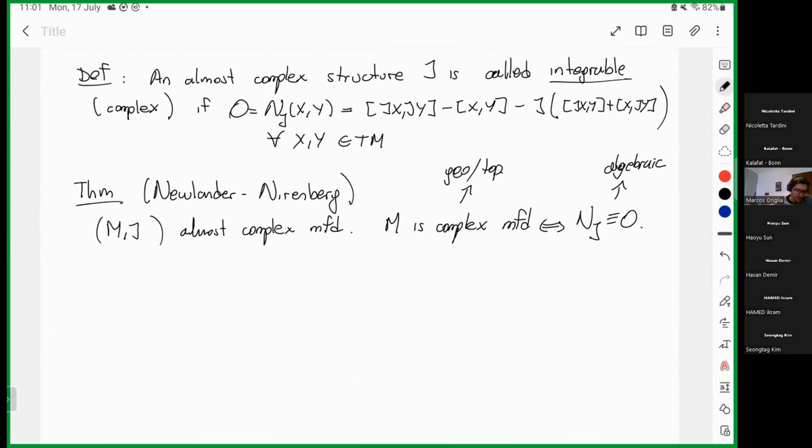We have a lot of examples of almost complex manifolds; for instance, every complex manifold has one of these J. In this situation, we call (M, J) a complex manifold.